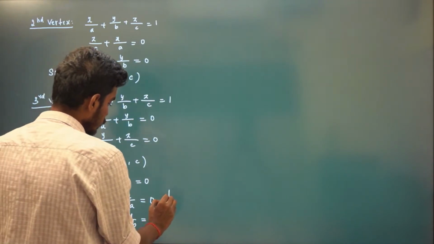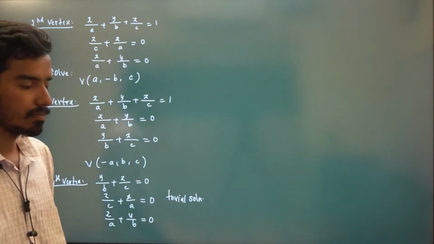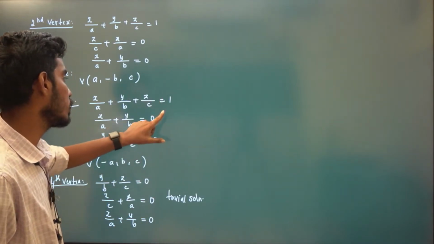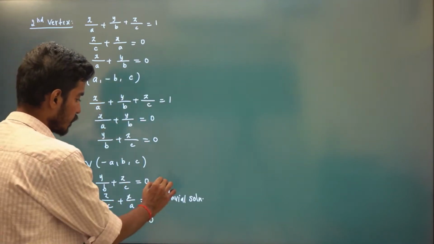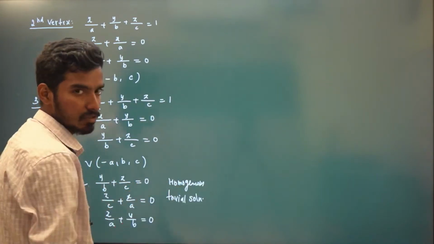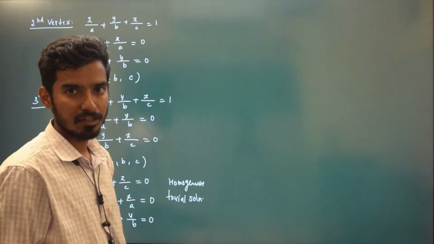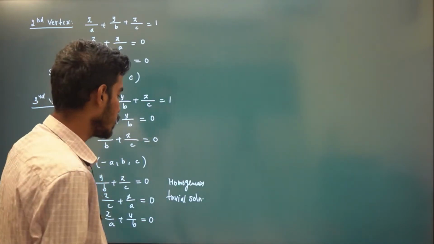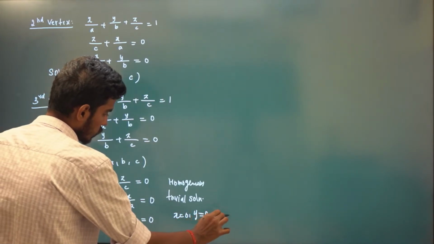That means it has only trivial solution. See, all are very simple, right? If you understand linear algebra, this is a homogeneous system because you can see the output vector is 0 vector. But this is non-homogeneous because we have 1 0 0 1 0 0, right? This is a homogeneous system because we have Ax equal to 0. And if the determinant of the coefficient matrix is not equal to 0, it means you will have only trivial solution. You can check the determinant of this. Determinant will be non-zero. That means only trivial solution. That means x is 0, y is 0, z is 0.